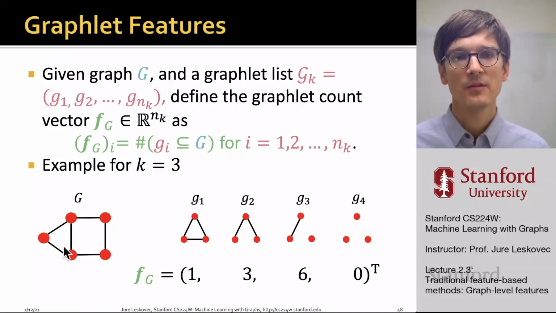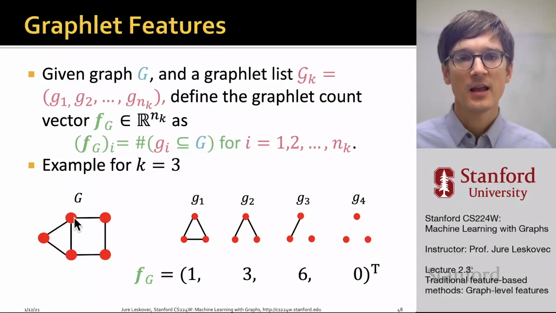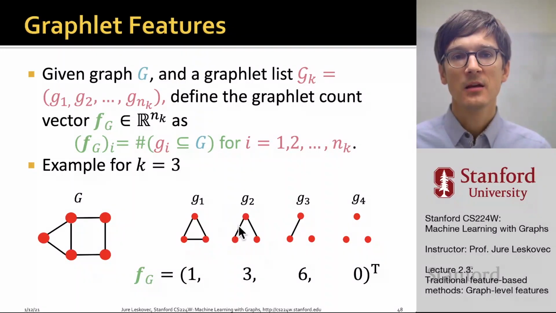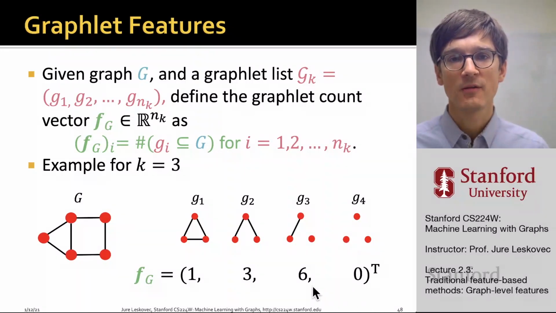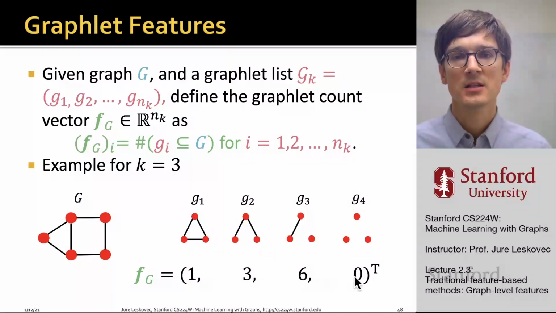For example, if this G is our graph of interest, then in this graph there resides one triangle, there reside 3 different paths of length 2, there reside 6 different edges with an isolated node, and there exists no triplet of nodes that are not connected in this graph. So the graphlet feature vector in this case would have values 1, 3, 6, and 0.